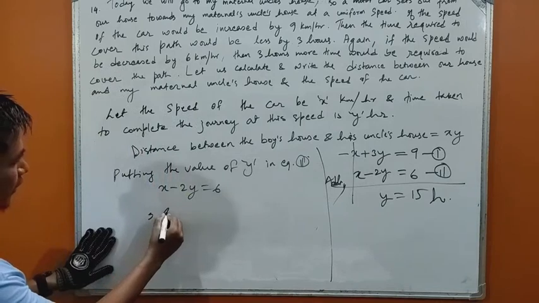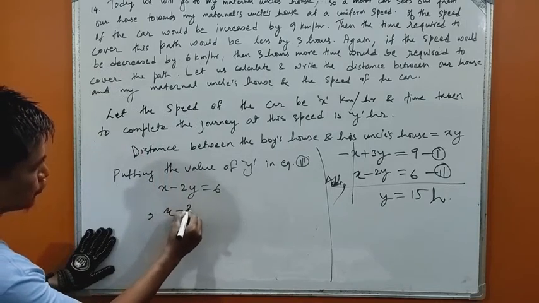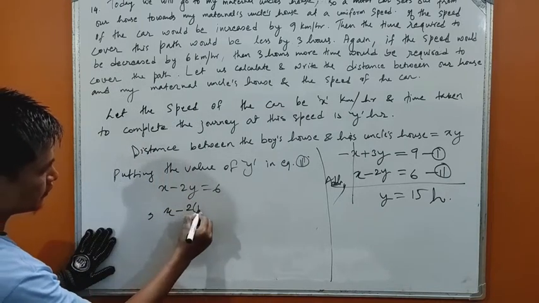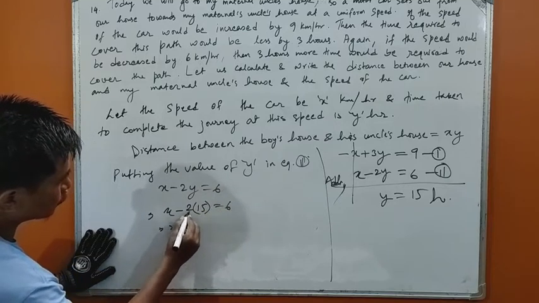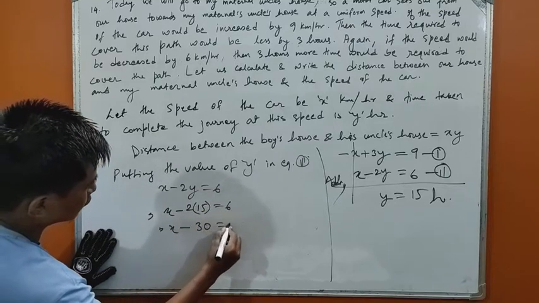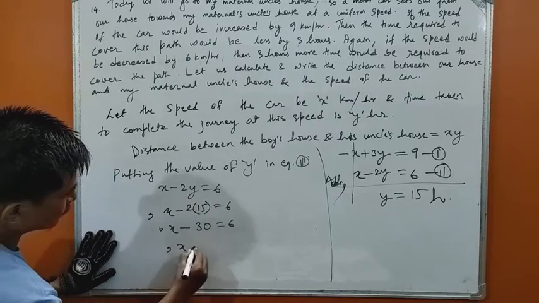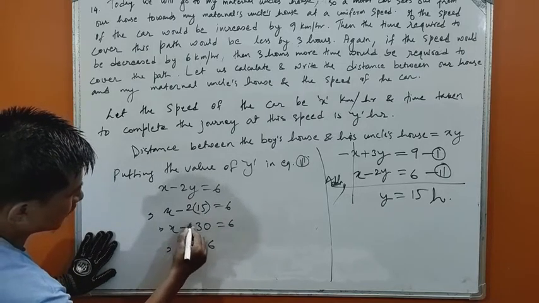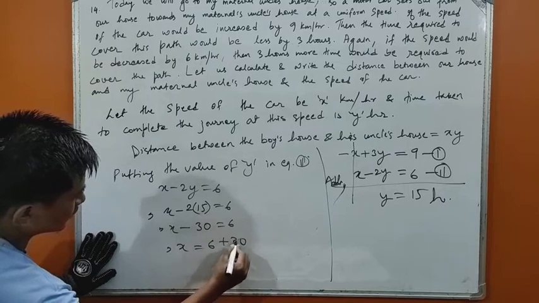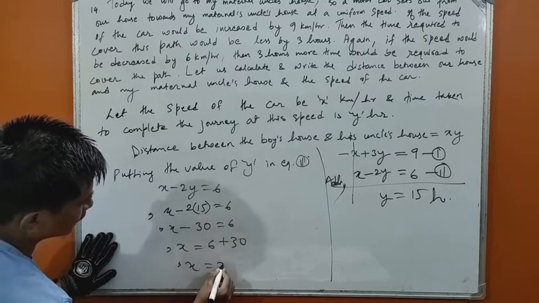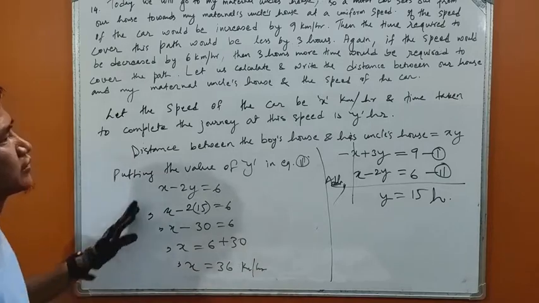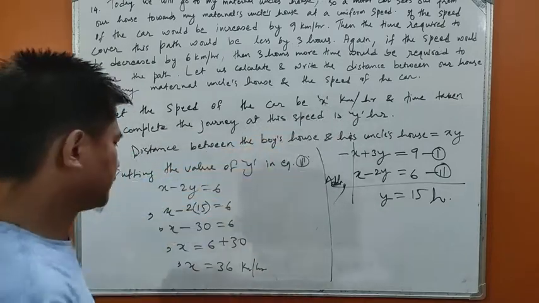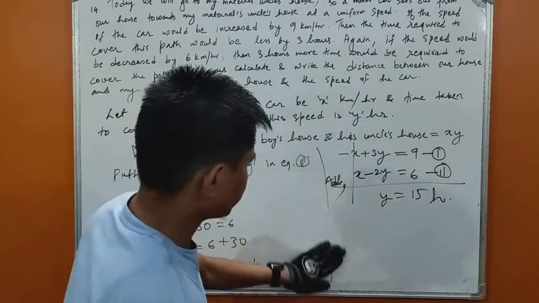Or x minus 2 times 15, 2 15s are 30, equals 6, or x equals 6 plus 30, isn't it? Or x equals 36 kilometer per hour. x is the speed of the car, so x is kilometer per hour, isn't it?